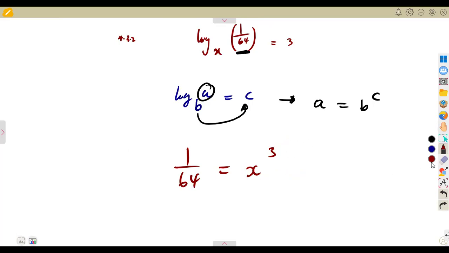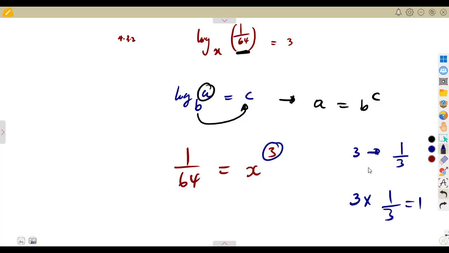We can remove it by raising to the exponent of a third, which is the reciprocal, the inverse of the number you're given, which is 3. The inverse of a number is 1 over that number. If I'm given a 3, the inverse of 3 is 1 over 3. Why? A number times its inverse gives us a 1.